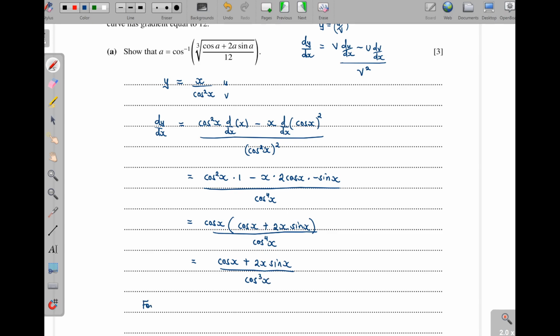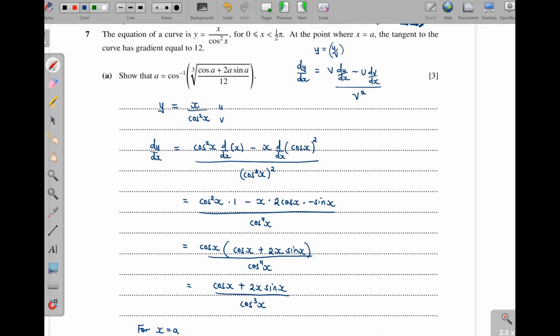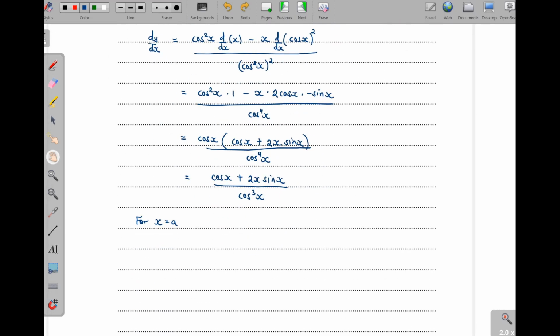Now for x which is equal to a, because that is what they said here, at the point where x is equal to a, then the tangent is equal to 12. So the gradient of the tangent is equal to 12. So wherever there is x, I'm going to put a.